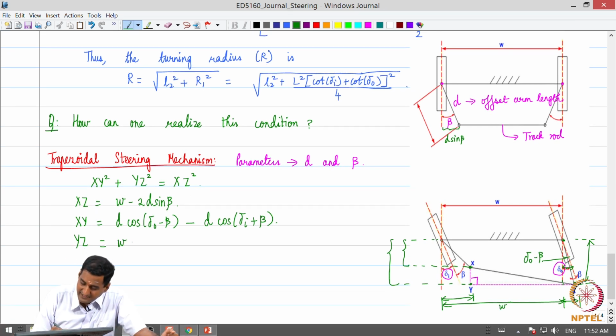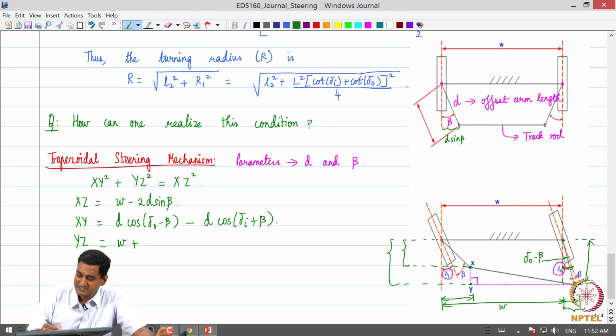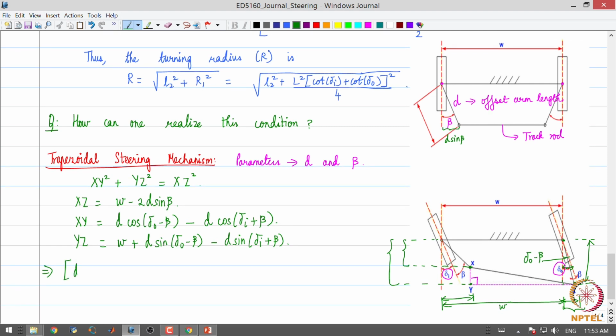Then what is this component? This is going to be d sin(delta O minus beta), that is the opposite side in that right angle triangle. So that is going to be d sin(delta O minus beta) minus d sin(delta I plus beta). So this essentially gives us the condition for the trapezoidal steering mechanism.